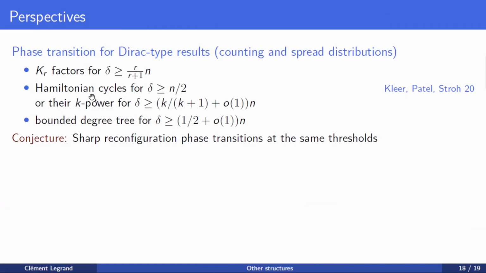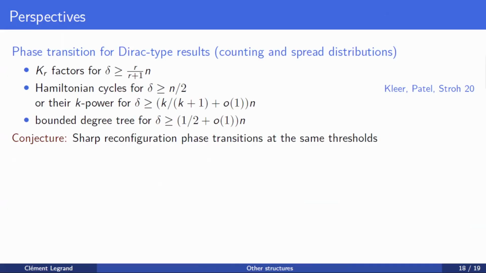All those are examples where we know that we have this supersaturation phenomenon. So after the threshold at which they start to exist, we start having lots of them. All those examples are also cases where we have this well-spread property above this threshold. So we know that we have lots of those structures inside, they're sort of everywhere, and we think that we should have the same type of phase transition for all those different structures. So that's our informal conjecture.